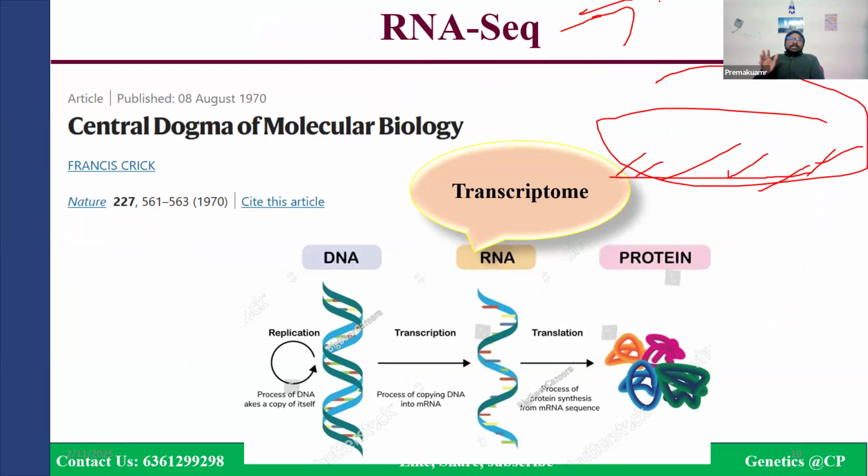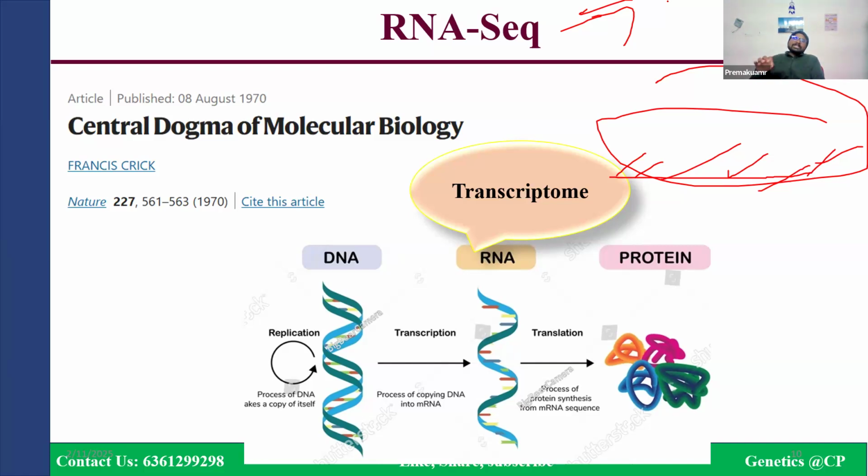Not only RNA-seq; there are other technologies also, like serial analysis of gene expression and chip-based microarray assays, which can be used for genome-wide expression analysis. But nowadays the majorly used ones are microarray assay or RNA-seq, and nowadays even microarray analysis nobody is doing.